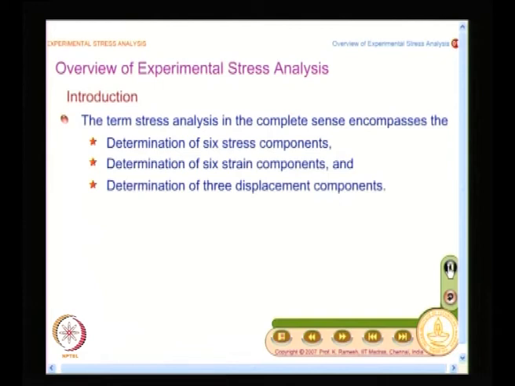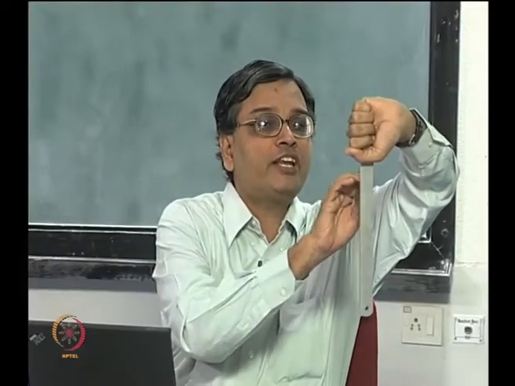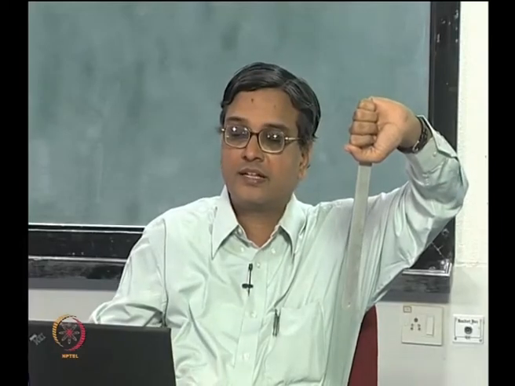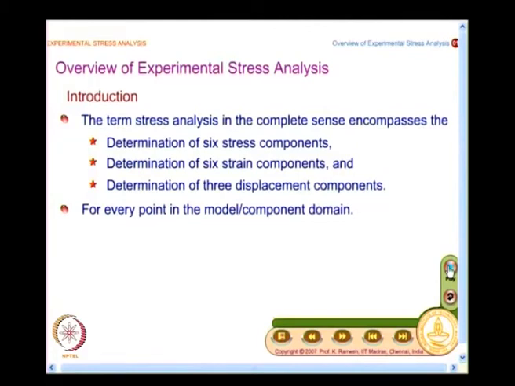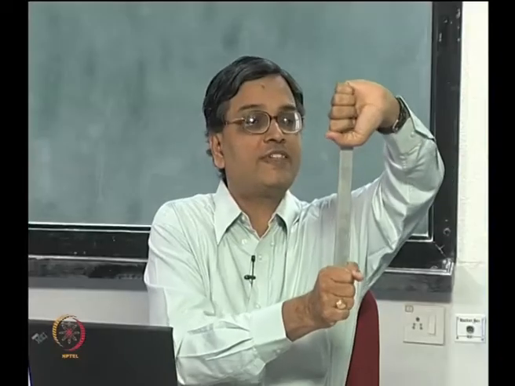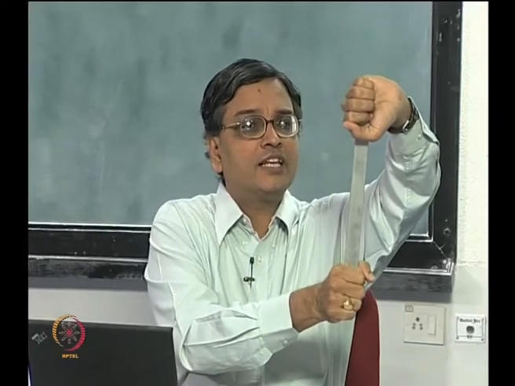And in what way do I want this information? Suppose I take this rod and pull it, I want this information at every point in the model. So, for every point in the model or component, I want all of this information, and in this simple case the stress component is only one.